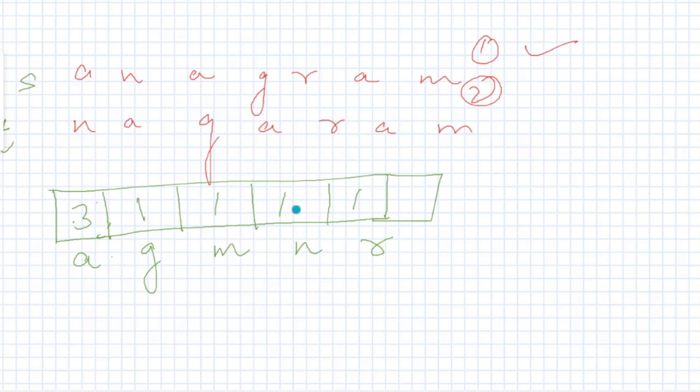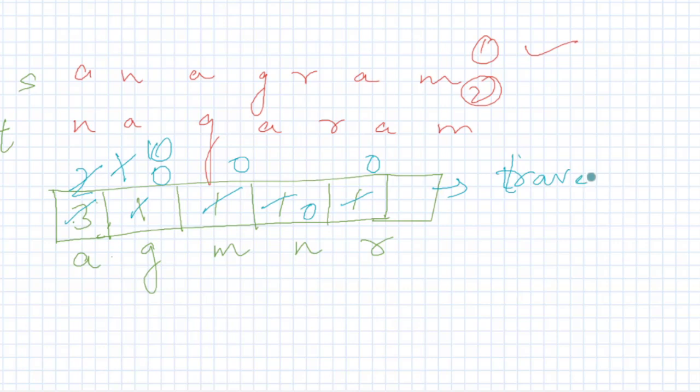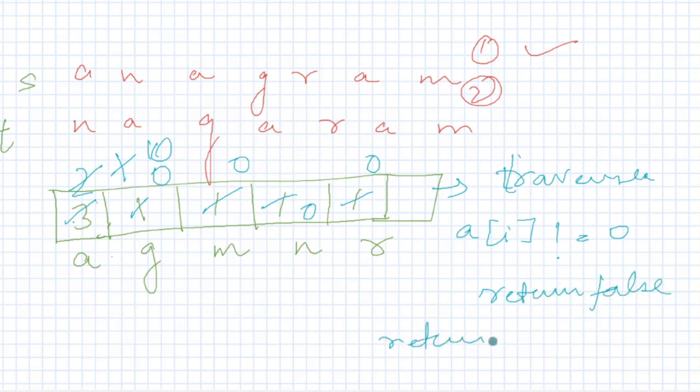Now instead of incrementing, we'll decrement: N, A, G, A, R, A, M. Once this is done, traverse each and every element of the array and check. If A of I is not equal to 0, then return false. Otherwise, we'll return true.